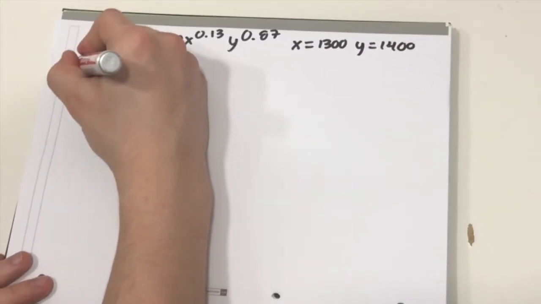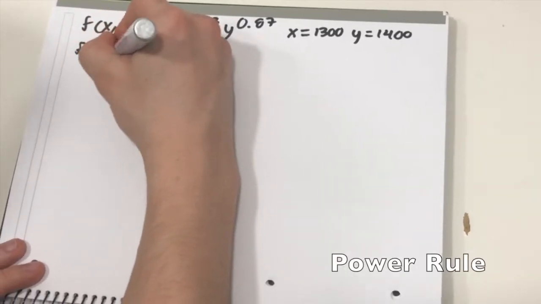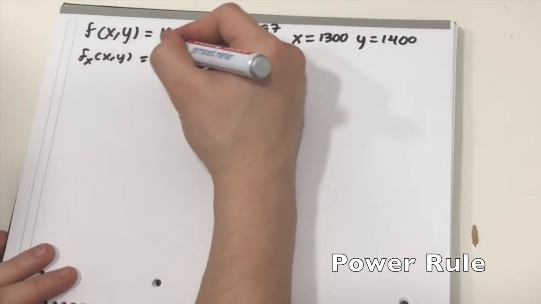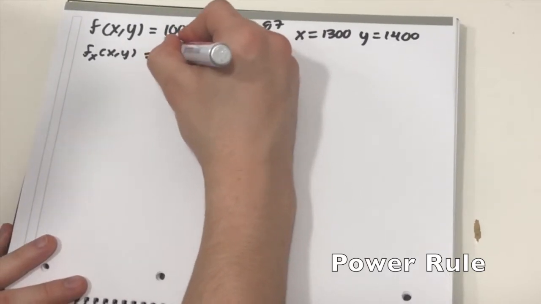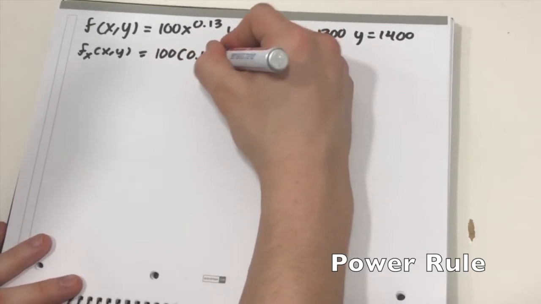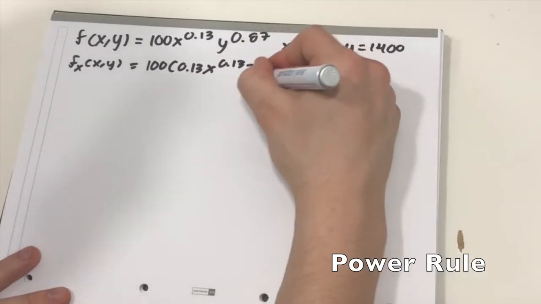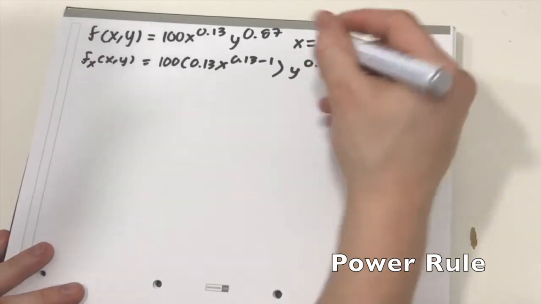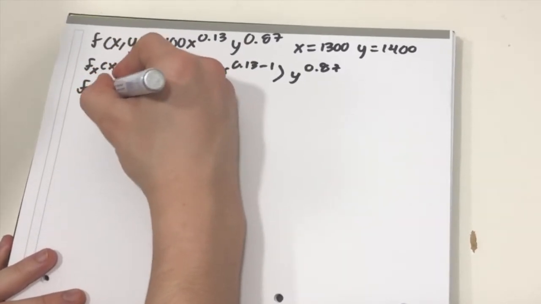To derive partially, what we need to do is first apply the power rule. The power rule means subtracting 1 from the exponent and then bringing down the exponent to the coefficient and multiplying it. So we copy the function and derive partially, which is 100, we open parentheses, 0.13, which is the exponent brought down to the coefficient, times x to the power of 0.13 minus 1, we close parentheses, times y to the power of 0.87.